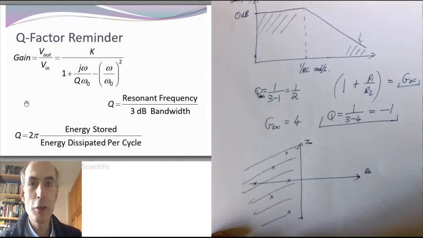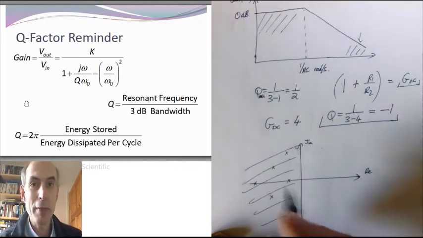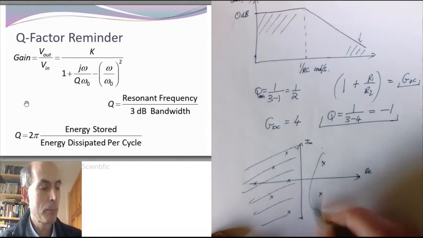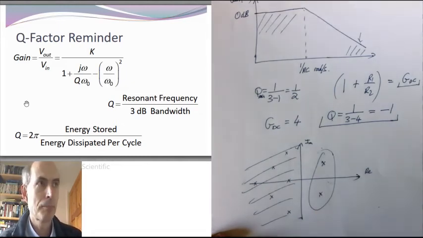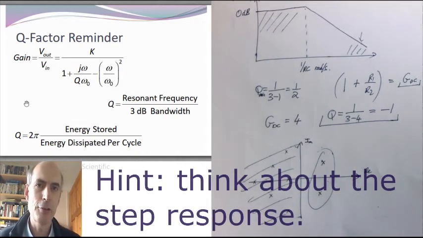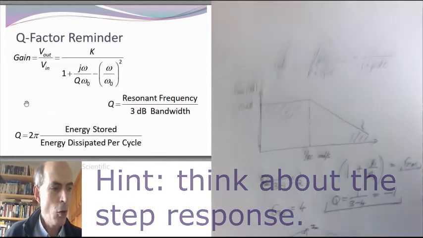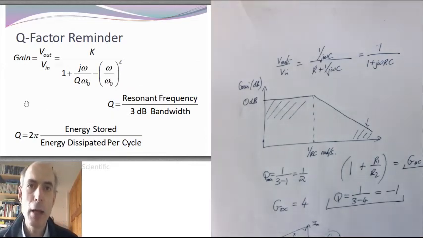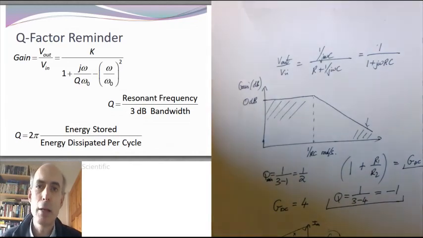But with a negative Q factor, if you work out what that means in terms of the poles, you'll find they're over here, on the right-hand side. And you might like to think about what that implies in terms of the behaviour of these poles. Once you've had a bit of a think about it, you can build the circuit, set it up with a negative value of Q, turn it on, and see what happens, and see if you were right.